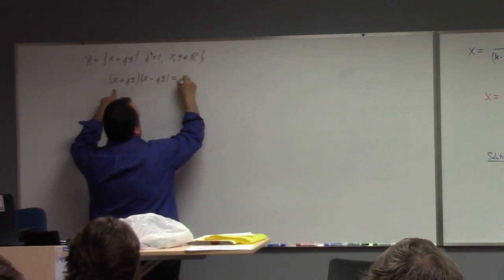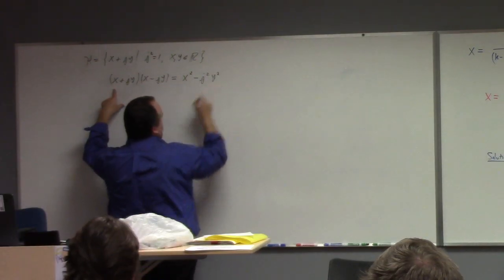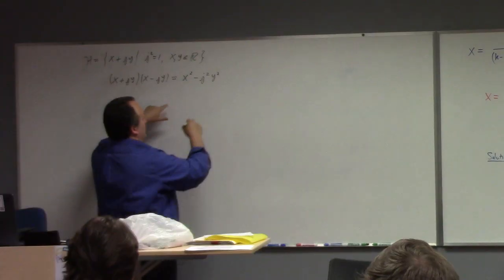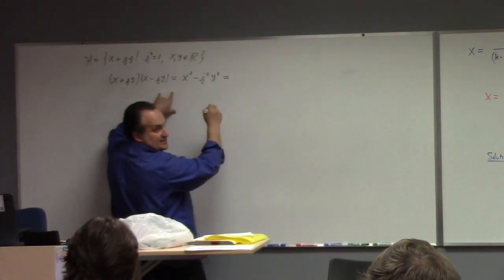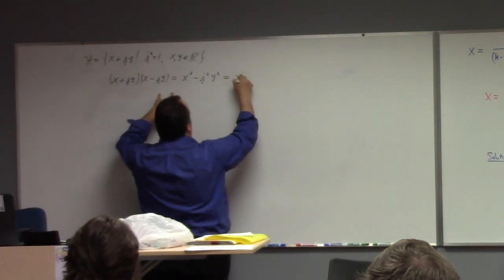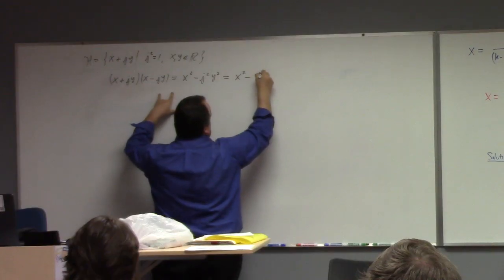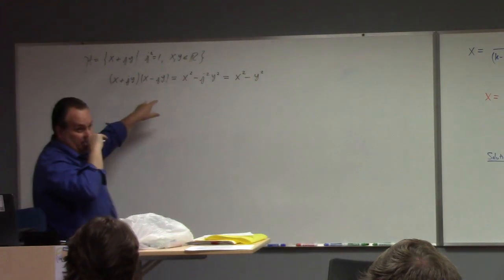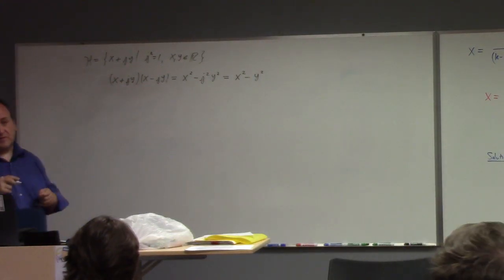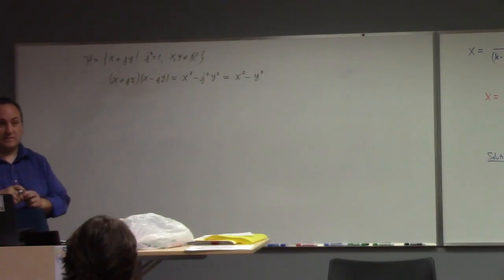So we get x squared minus j squared y squared, right? Now, j squared is 1. Sorry, C for you, minus 1. And that would make all the difference in the world, wouldn't it? Because if j squared was minus 1, then I'd have x squared plus y squared, and that is only 0 when x and y are both 0. But x squared minus y squared is 0 for a lot of other things.